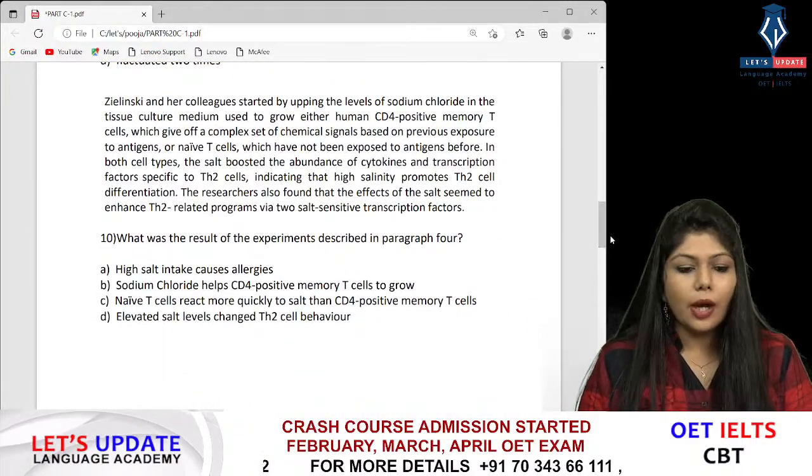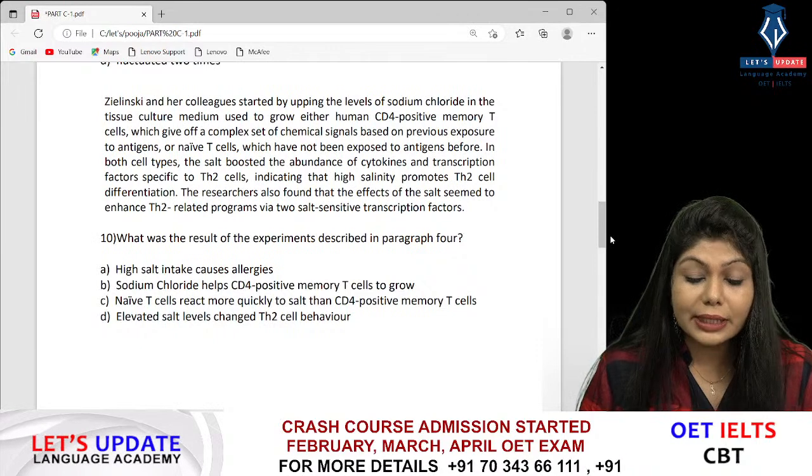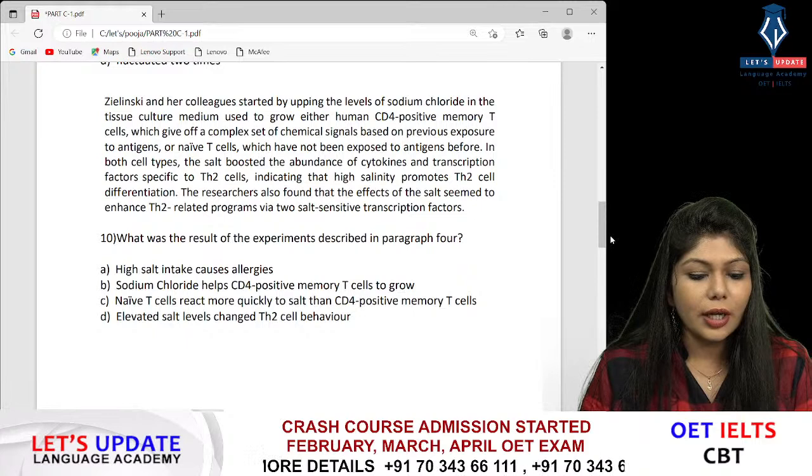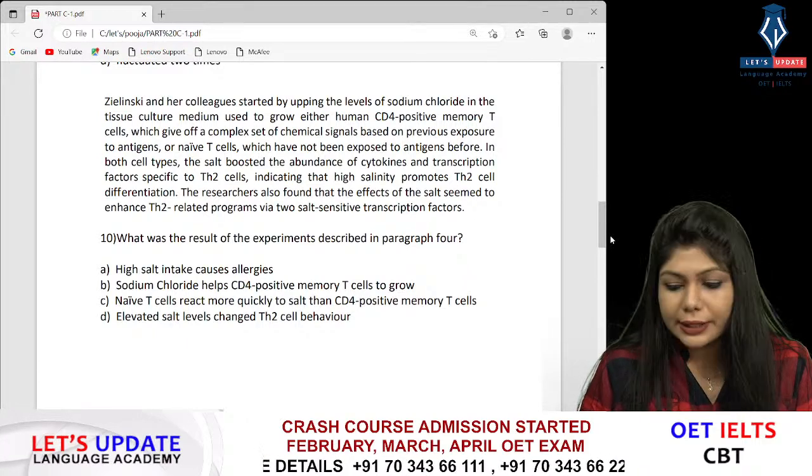This question number 10. What was the result of the experiments described in paragraph 4? Okay, and this is the paragraph. So please read the paragraph. I'll give you a minute.